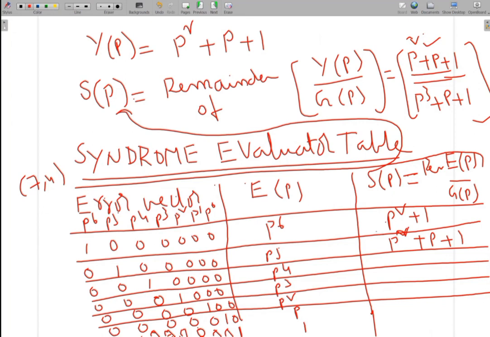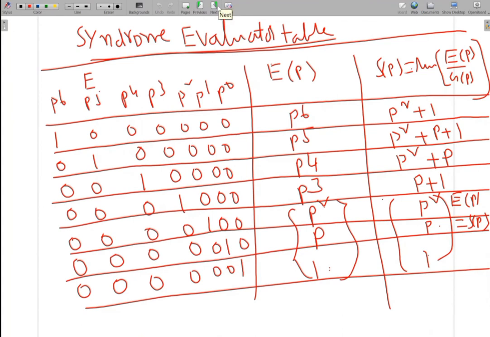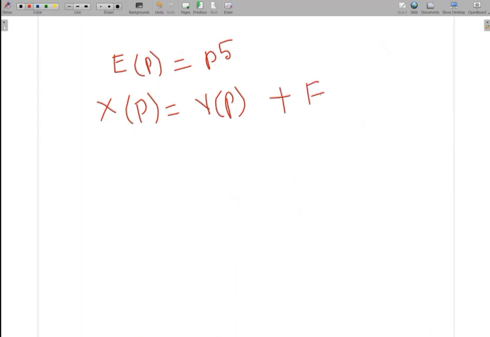This one is there, Y of P. The corresponding error E of P is P power 5, but X of P is equal to Y of P plus E of P.